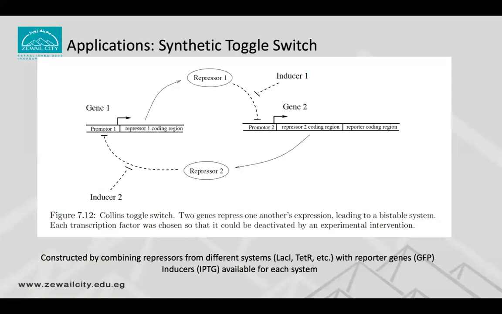The last example, the second example here, is actually from synthetic biology. This is a synthetic system in which we have two genes on two promoters, and each of them has a repressor, but each one represses the other. This is called the Collins toggle switch.